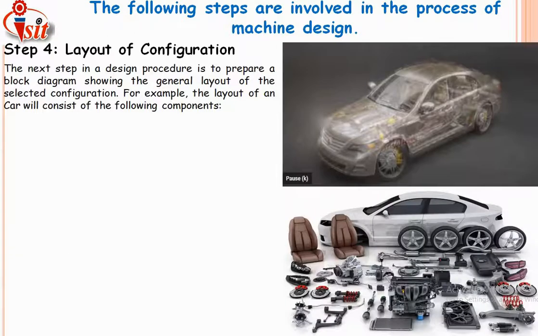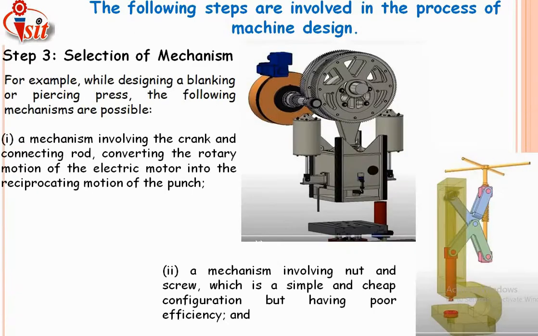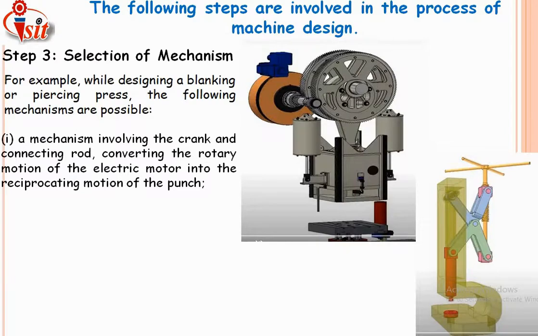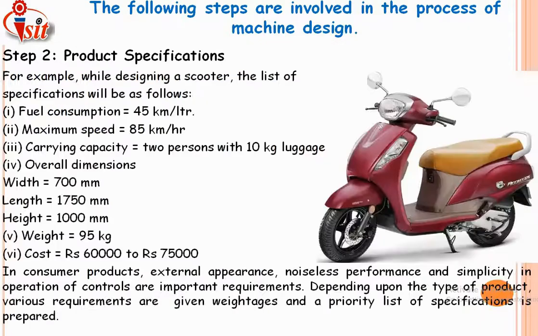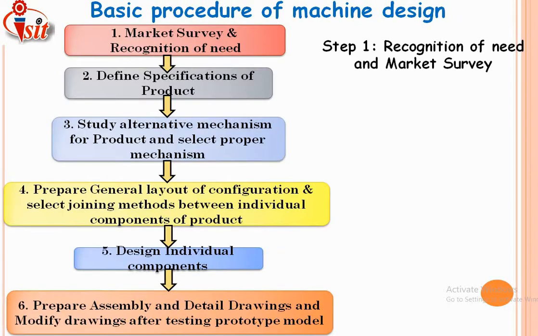Then we have considered the layout of configuration. Then we have determined the different design of the components by analyzing the forces acting on the component. Then we go for the preparation of the drawing, that is the preparation of the detailed drawing, and the last one is the assembling of the components.